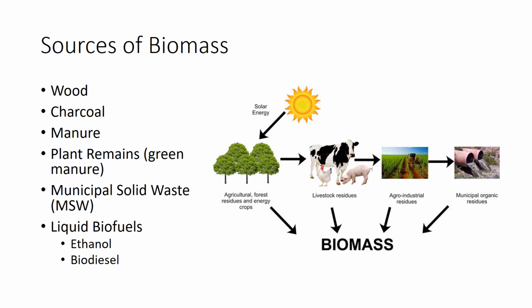Plant remains, which we call green manure, municipal solid waste, so really just garbage. Ultimately, organics and such like that. Obviously, there's non-biological material in municipal solid waste, but we burn that anyway also. And then liquid biofuels.